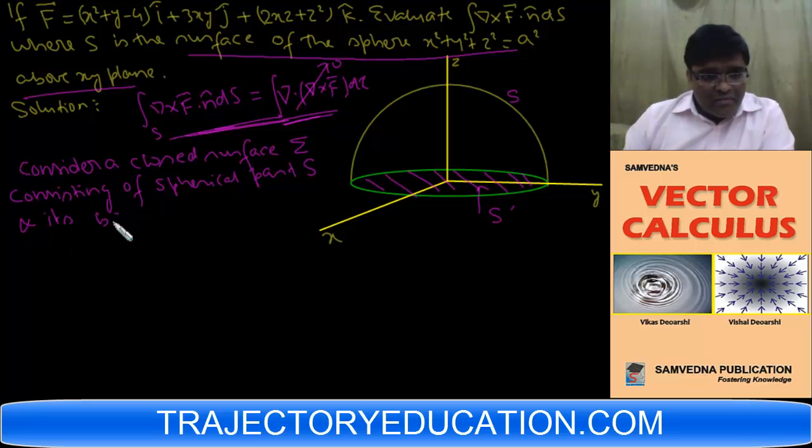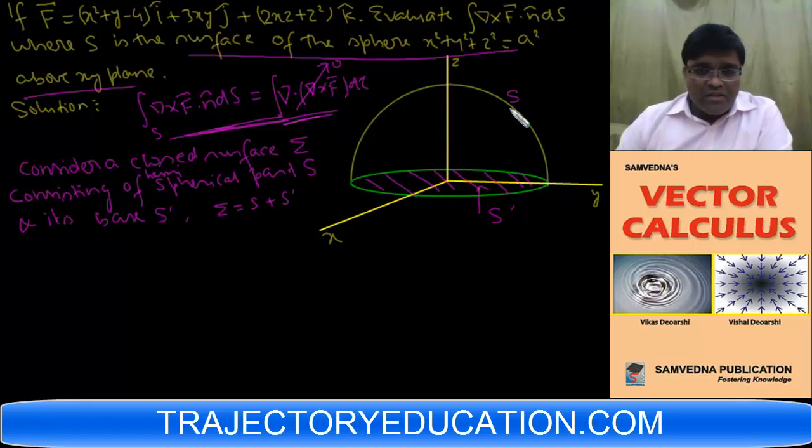I will call S the hemispherical part, and its base S dash. So sigma consists of S and S dash. Sigma consists of the hemispherical part and the base.